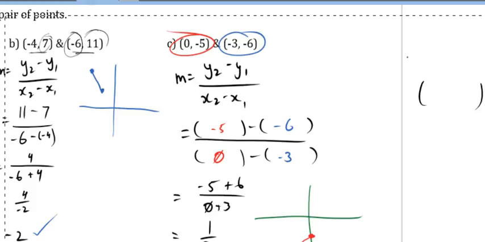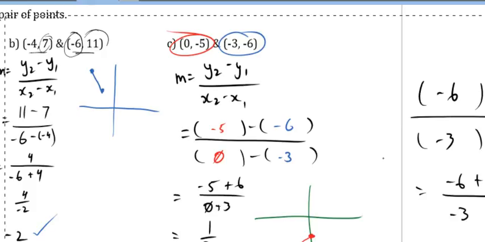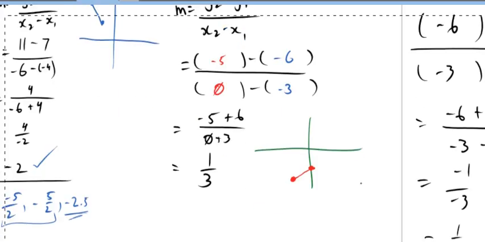What if we started with the other point? So what if I started with -6 and -3 and -5 and 0? So that's going to be -6 plus 5 over -3 minus 0, which is -1 over -3, and 2 negatives makes a positive. So they're both positive, they're both gone.